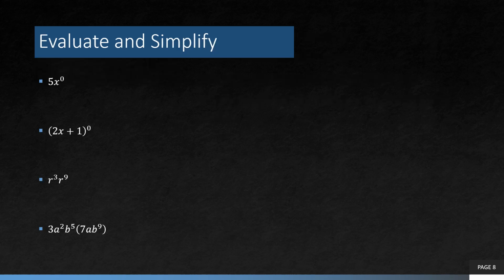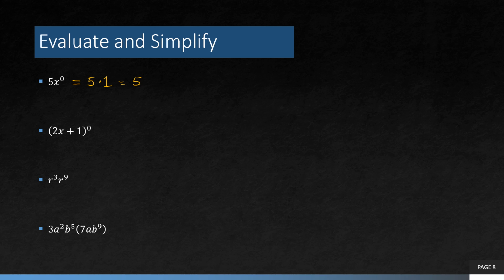On this slide, we're going to review some of the rules we already learned in Unit 8 and simplify some expressions. This first one is 5 times x to the 0. If you recall, anything to the 0 equals 1. So this is the same thing as 5 times 1, or just 5.